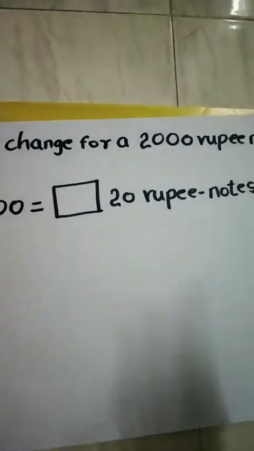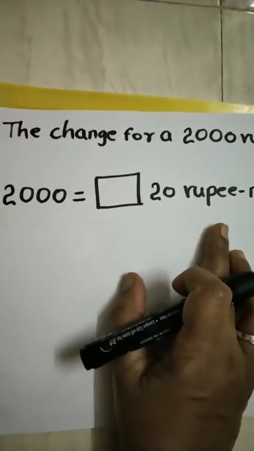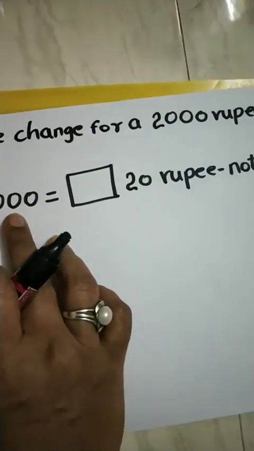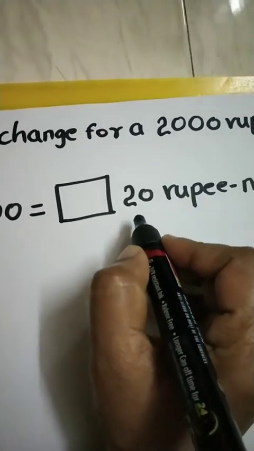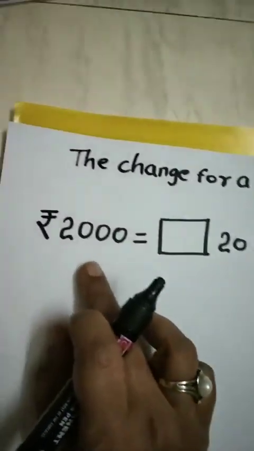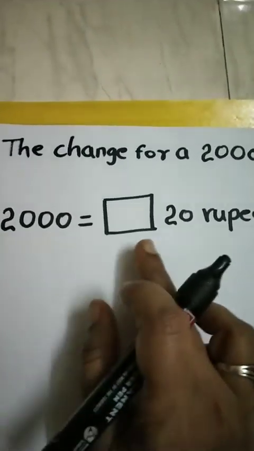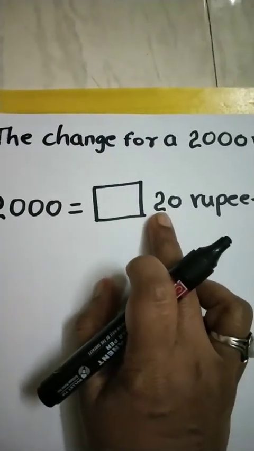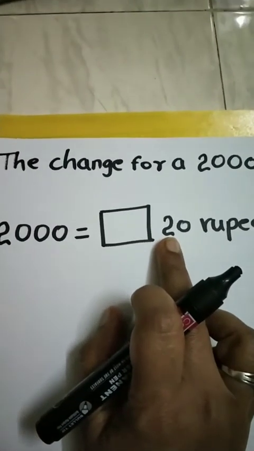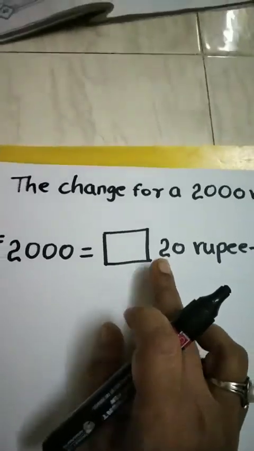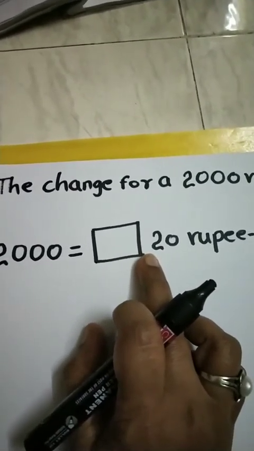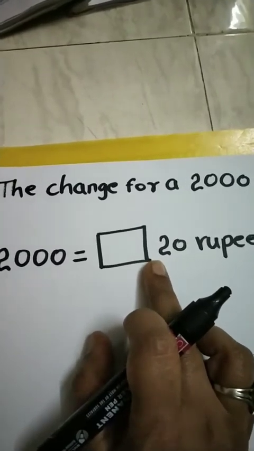So let us find out how many 20 rupee notes we need for making 2000 rupees. You have to multiply this 20 with such a number whose product will be 2000. Here already you can see digit 2. So you have to find such a number which multiplied with 2 gives 2.